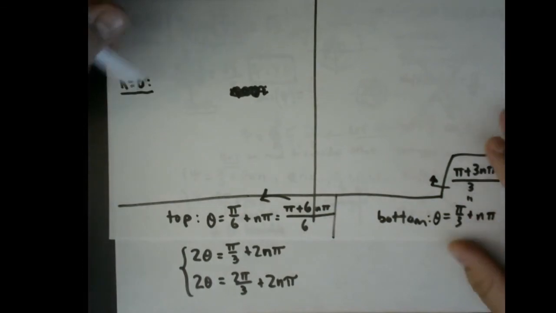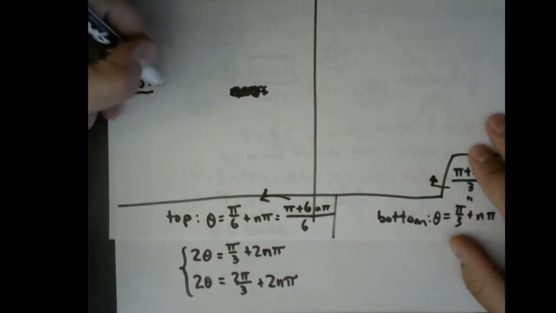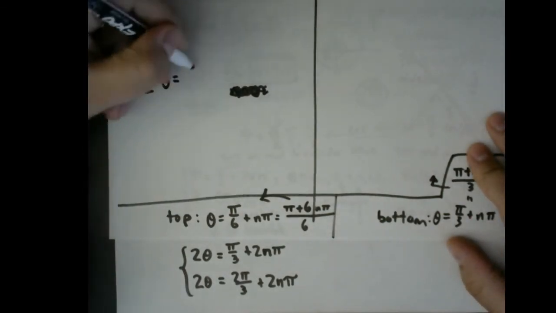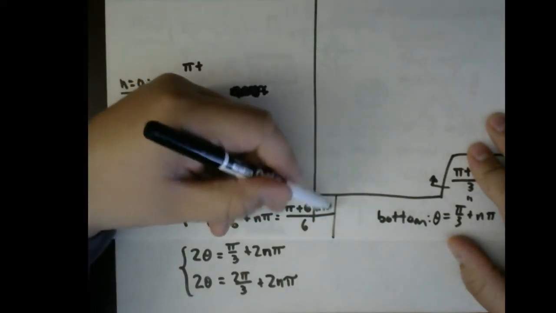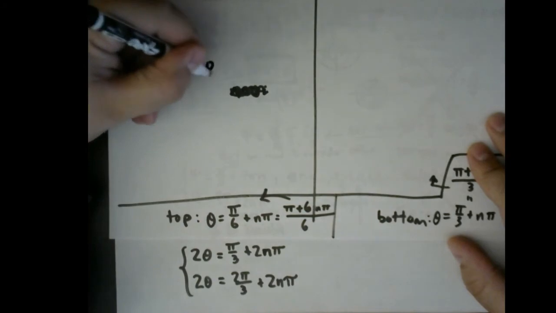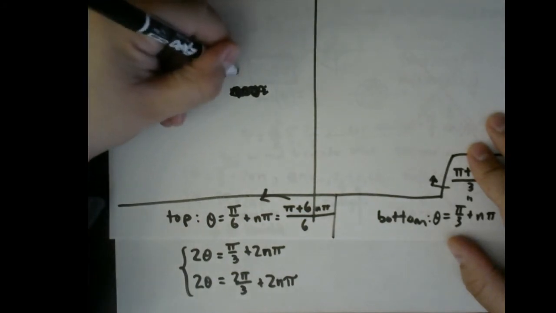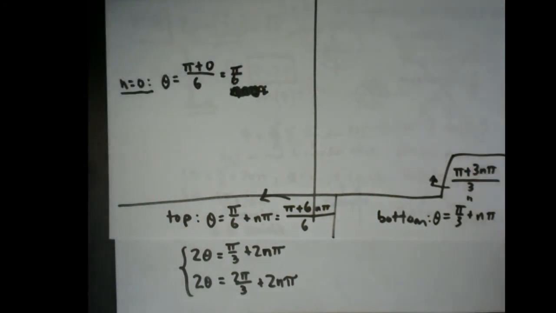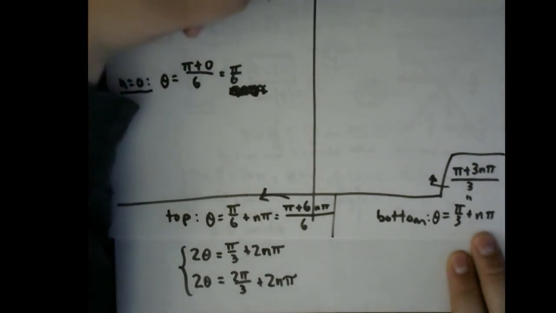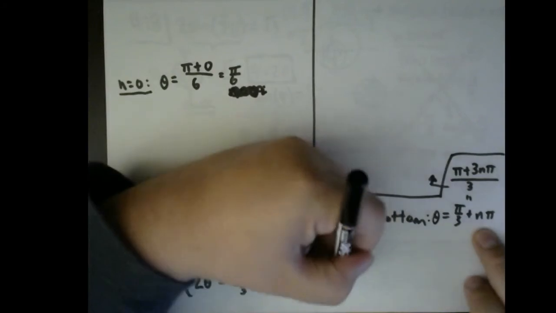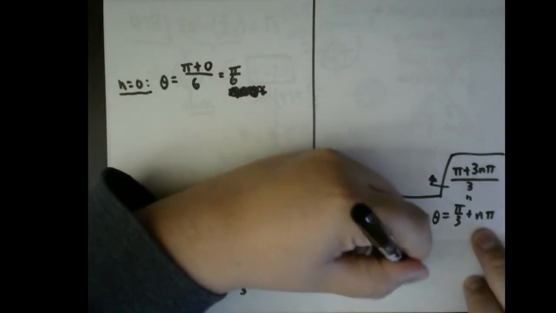Okay, so at n equals 0, I get theta equals pi plus, and now if I put n equals 0 here, I'll get 0. So pi plus 0 over 6, or in other words, pi over 6. Now the question is, I have this restriction in this problem that 0 is less than theta is less than 2 pi.